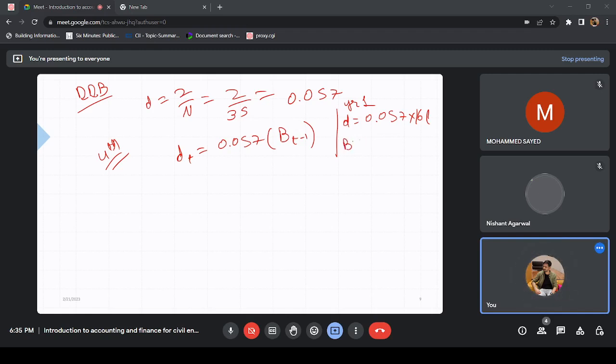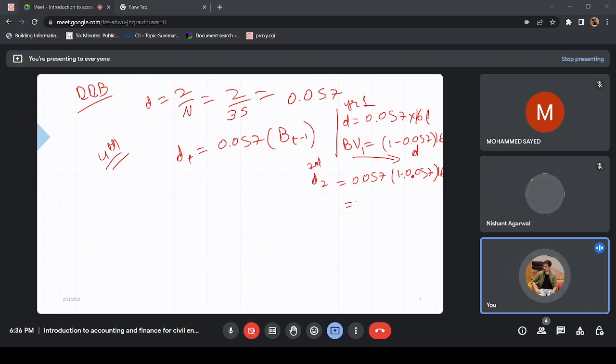So the book value would be 1 minus your rate, into 16. For the second year, it would be 1 minus the rate, into 1 minus the rate, into 16, because this is the book value of the previous year.